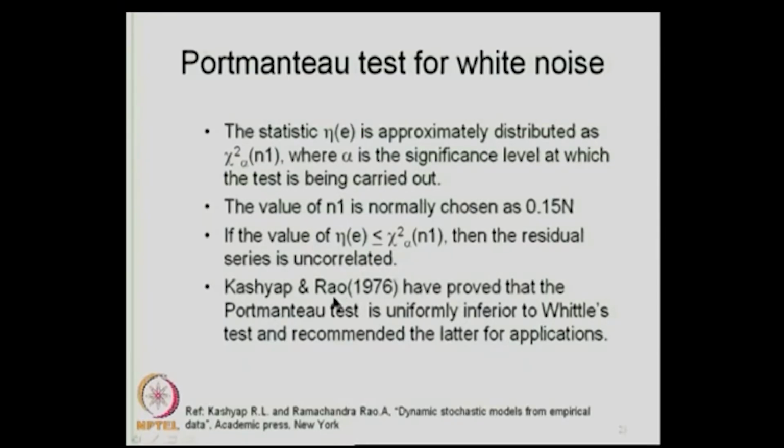Now, between these two, Kashyap and Rao have proved in the same textbook that I have been mentioning that the Portmanteau test is uniformly inferior to Whittle's test, and we prefer the latter for applications. So, while there are two tests that are mentioned, if you are in a fix which one to use, you always go for the Whittle's test as shown by Kashyap and Rao.